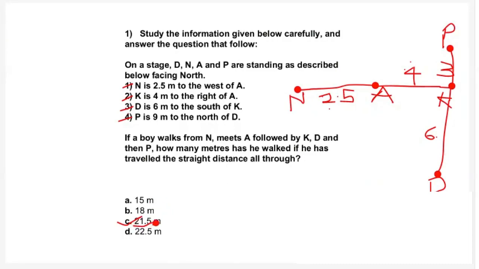So our answer is 21.5 meters. I hope you have understood. This is how you have to draw any diagram which comes in front of you, and then answer the question accordingly. In the examination, you will be asked the same type of questions, but the difficulty level might differ based on the examination.